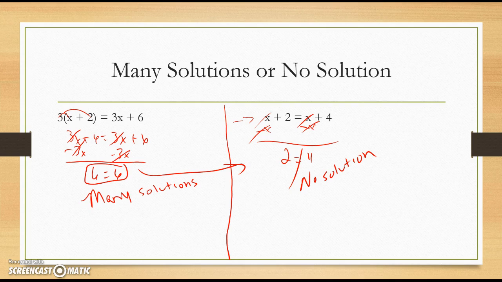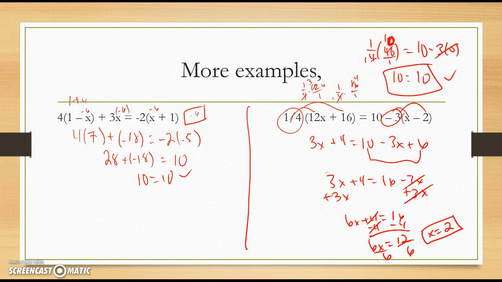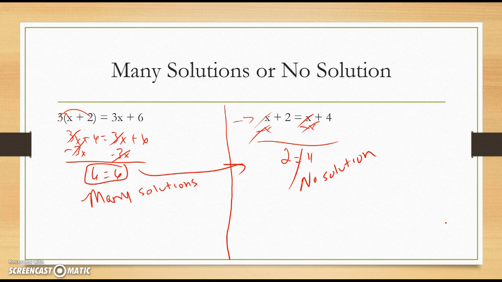Okay, so you may see a couple things like this. On these problems, we would say that this is a one solution, because there is only one solution for this, -6. There's only one solution for this equation, 2. For these, many solutions mean I can plug in any number I want for x.